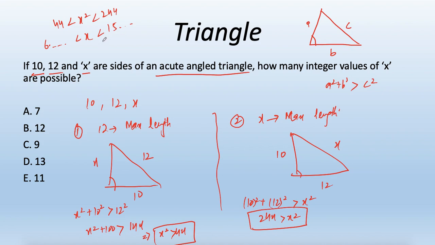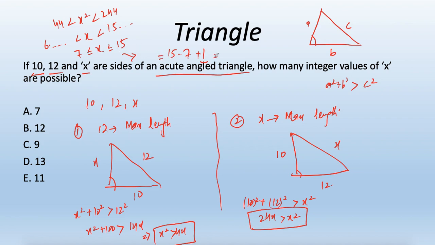We need to find the integer values, so the values inclusive in this range will be 7 to 15. To find the total values, that will be 15 minus 7 plus 1. Plus 1 is because both of these are inclusive.